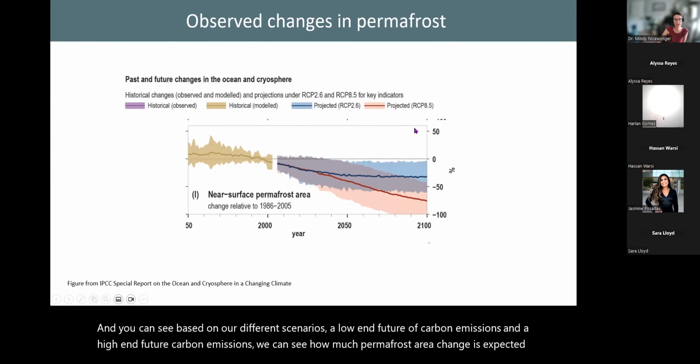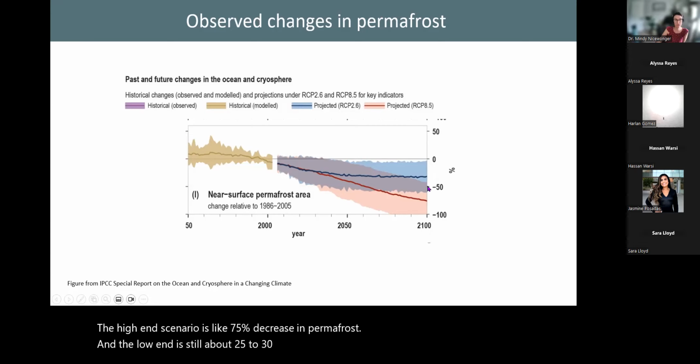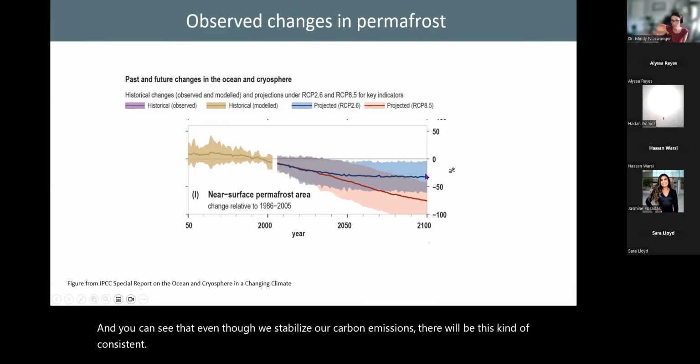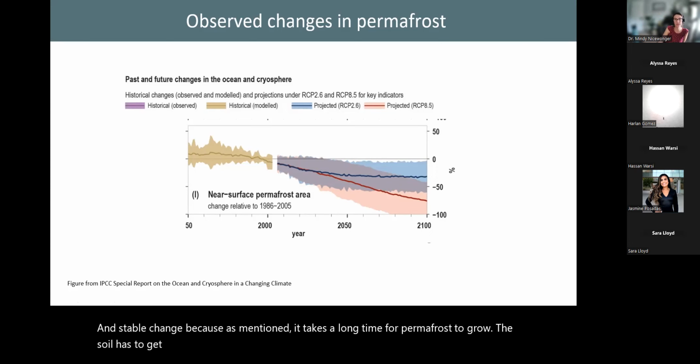The high-end scenario is like a 75% decrease in permafrost, and the low end is still about 25 to 30% decrease. And you can see that even though we stabilize our carbon emissions, there will be this kind of consistent and stable change because, as mentioned, it takes a long time for permafrost to grow. The soil has to get back to below freezing.